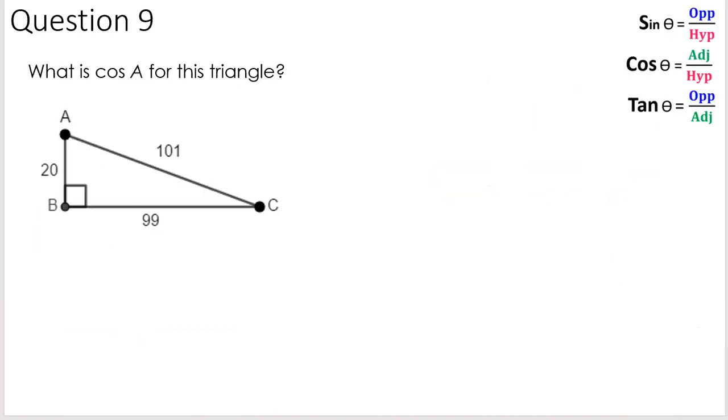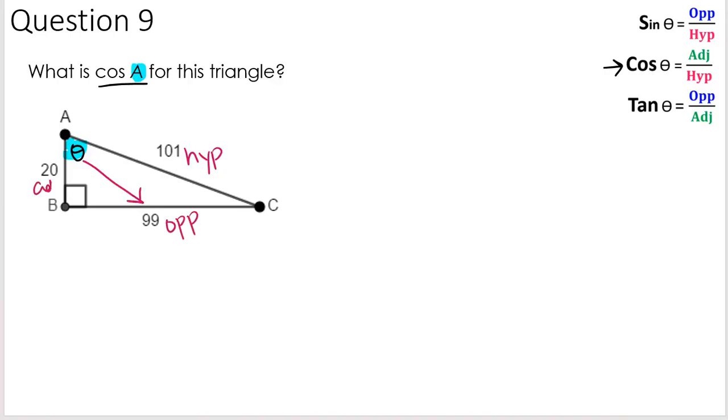Okay. What is cosine A for this triangle? Okay. The A part is telling me that I am dealing with this angle right here. That's going to be my theta. Cosine is going to be adjacent over hypotenuse. So what I need to do is label those sides. Here's my hypotenuse, that longest side. My theta, the side that's away from it, that's my opposite.